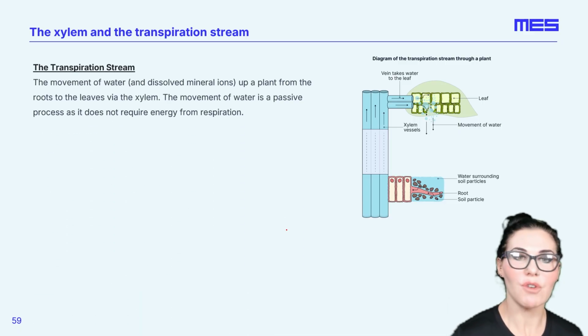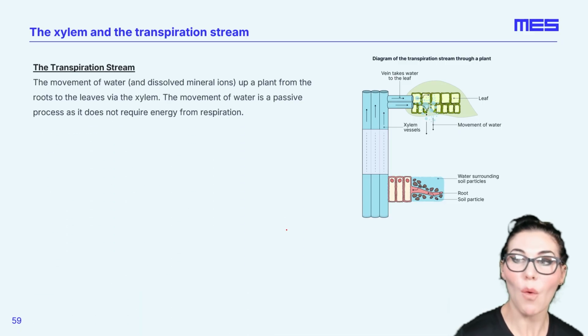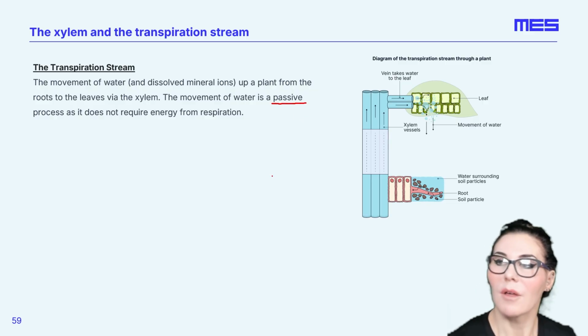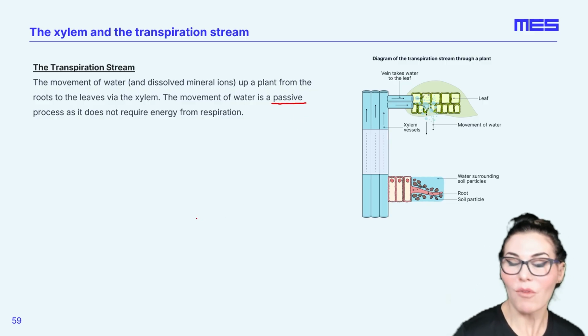The transpiration stream is the movement of water with dissolved mineral ions in the water up a plant from its roots into the stem and then into the leaves. It's a passive process. Passive meaning it's not driven by energy from respiration. It's actually driven by the energy of the sunlight, the heat energy from the sun.